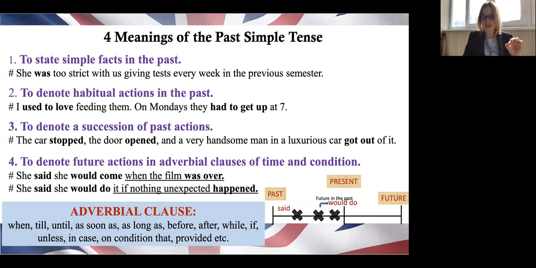The first action is said. She said, it happened earlier in comparison with would do and unexpected happened, right? Earlier, of course, because first of all, everything that she did, she said. So on this scheme, we draw that she said, this is the first action in the past. Then the second action, we have in the future in the past form, which is would do here.